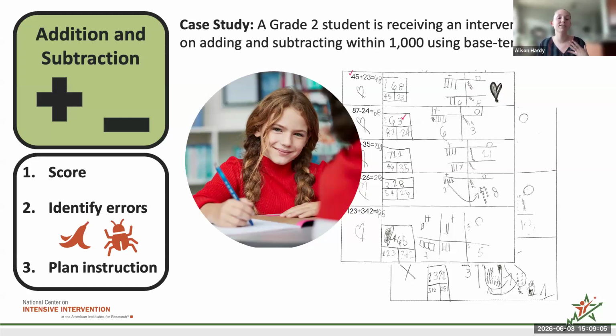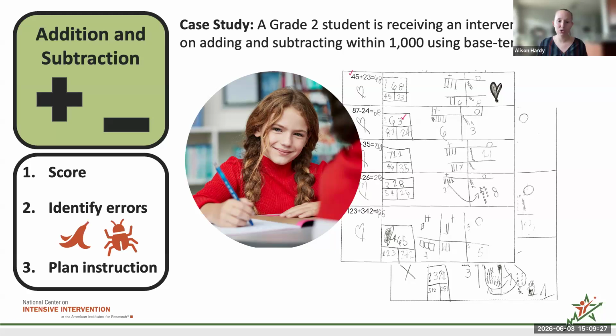So here we see some real second grade work samples from a student who at the time was receiving an intervention focused on adding and subtracting within 1000 using base 10 models. So you'll see on these scanned work samples, students were given an equation to solve.